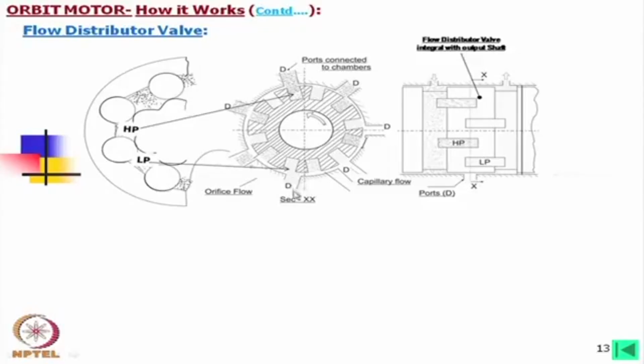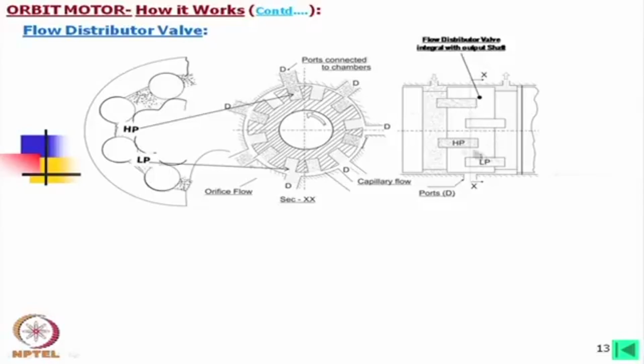These passages are this one. So, these are finally connected to these chambers. Okay. Now, if we count these channels, there are 7: 1, 2, 3, 4, 5, 6, 7. Okay. Whereas these slots are 12.